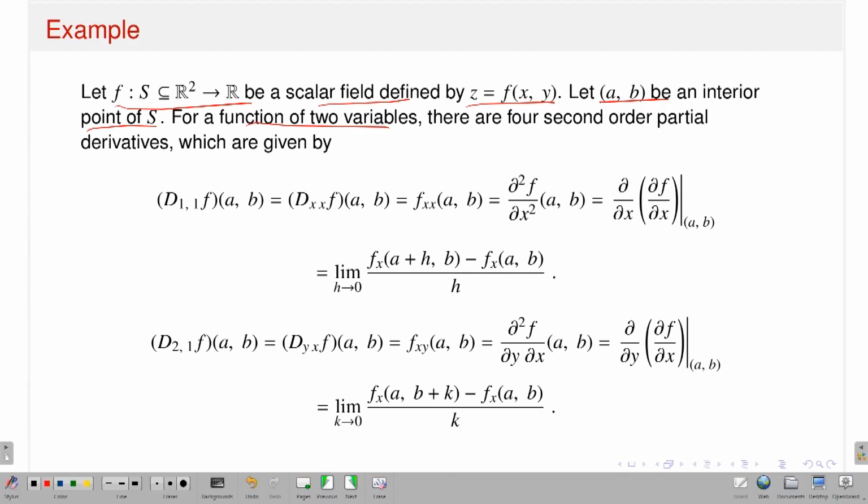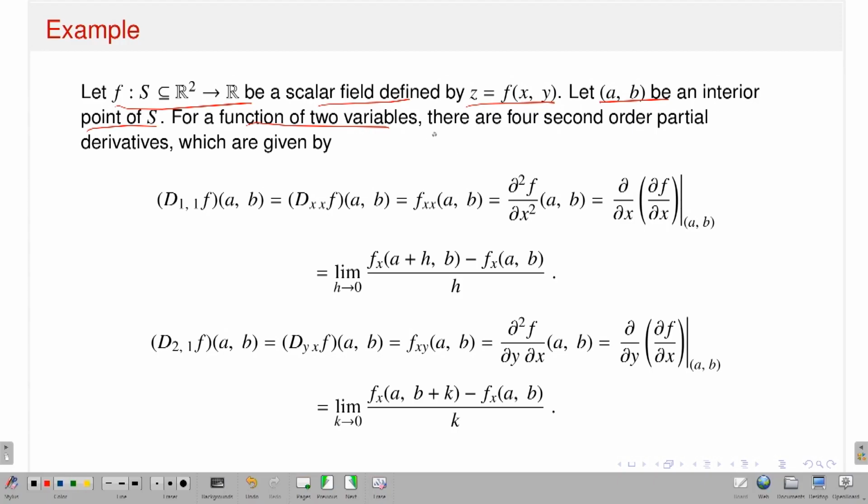Each of del f del x and del f del y I can think of as a function from S, a subset of R2, to R. So, del f del x again I can differentiate with respect to x and y, that means del 2f del x square and del 2f del y del x. Similarly, del f del y I also think of as a function from A, a subset of R2, to R. Also I can perform the partial derivative with respect to the x and y variables. That means again I can talk about del 2f del x del y and del 2f del y square. So, 4 second order partial derivatives will be there.